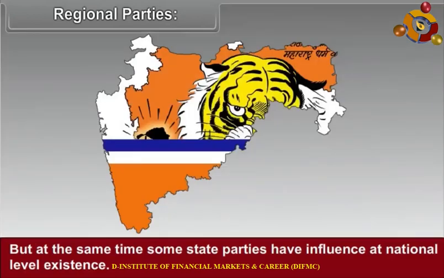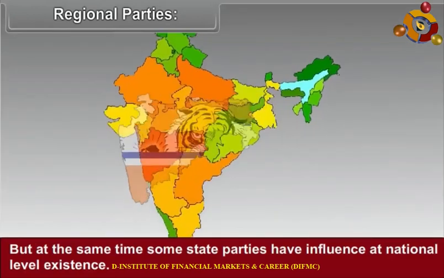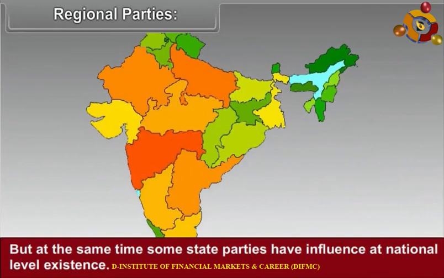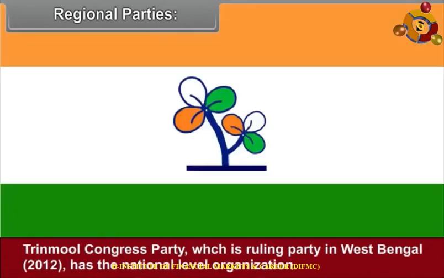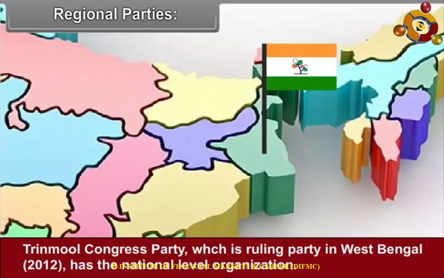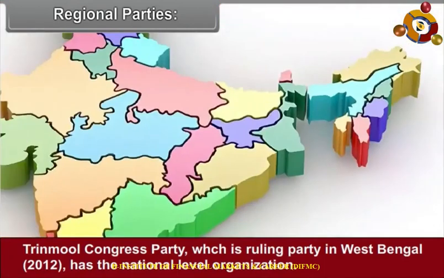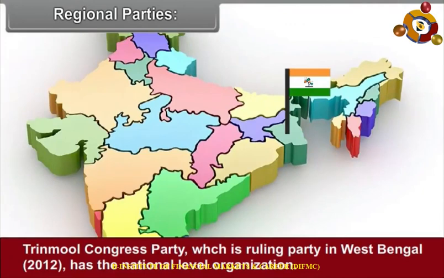But at the same time, some state parties have influence at national level. Trinamool Congress Party, which is a ruling party in West Bengal in 2012, has a national level organization.